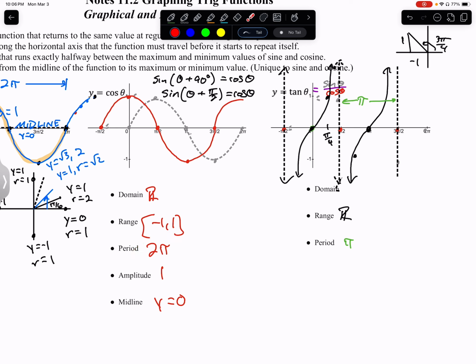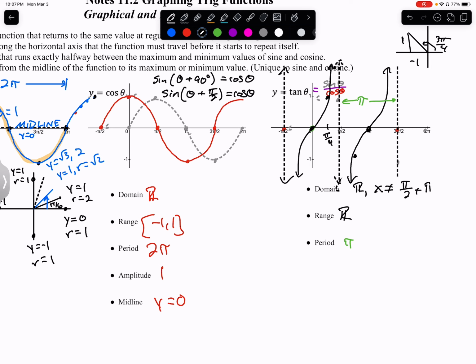The domain is everything but these vertical asymptotes. So we'll write this as all reals except x cannot be. Pick out one of the vertical asymptotes. We got one here at pi over 2, plus how far apart are the vertical asymptotes?